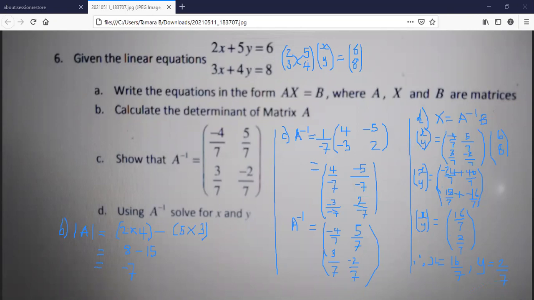And we have solved a pair of linear equations, simultaneous equations, using the matrix method. Okay, guys, so take time out to go through this question again, and see you tomorrow when we explore another question.